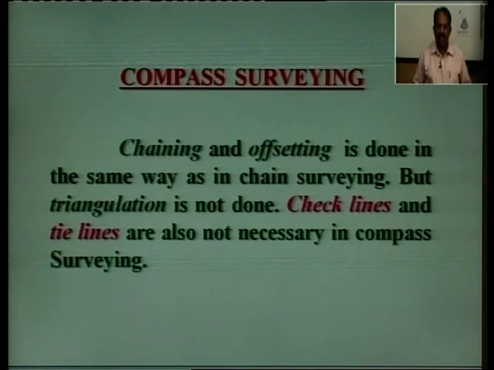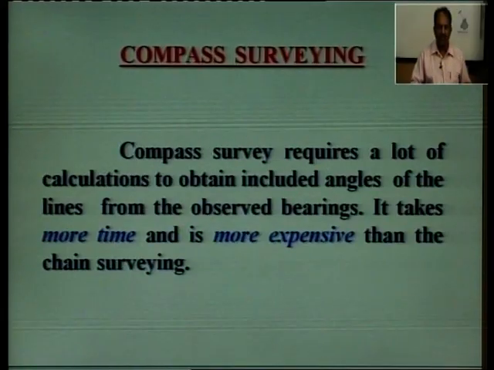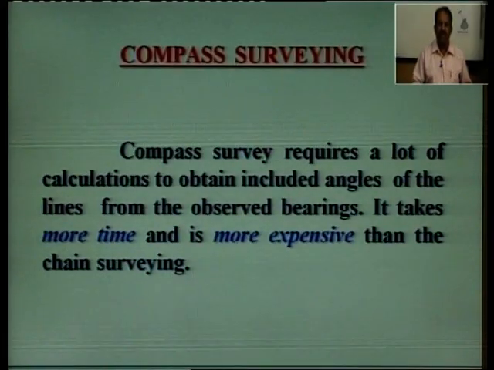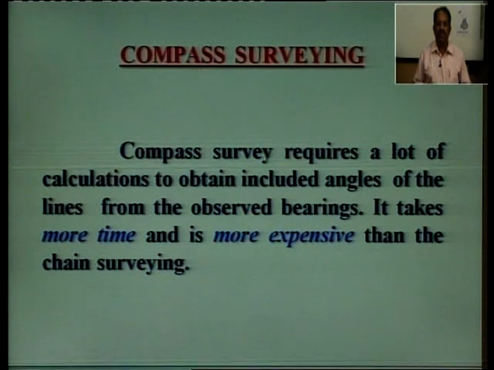Check lines and tie lines, you must have studied up till now, are also not necessary in compass surveying. Compass survey requires a lot of calculations to obtain included angles of the lines from the observed bearings, that is, the bearings we observe in the field.